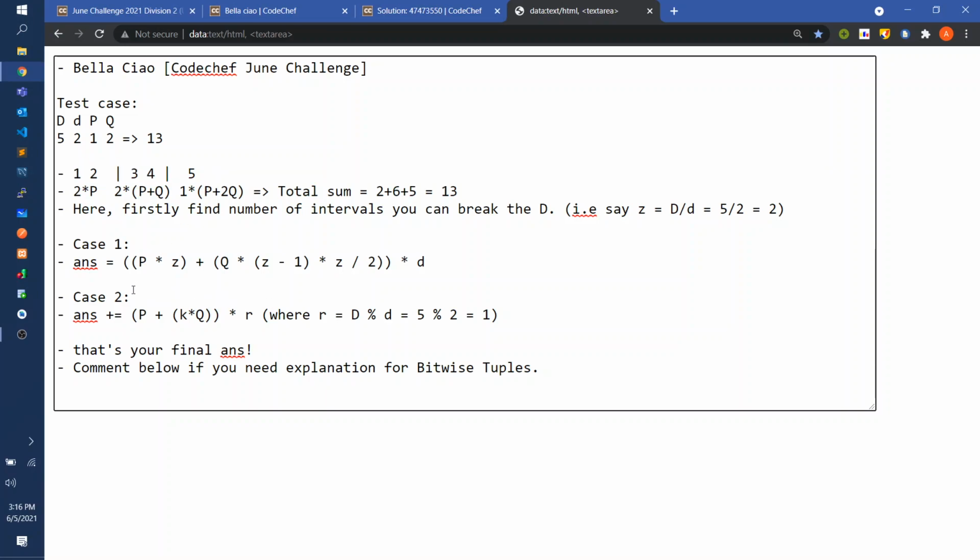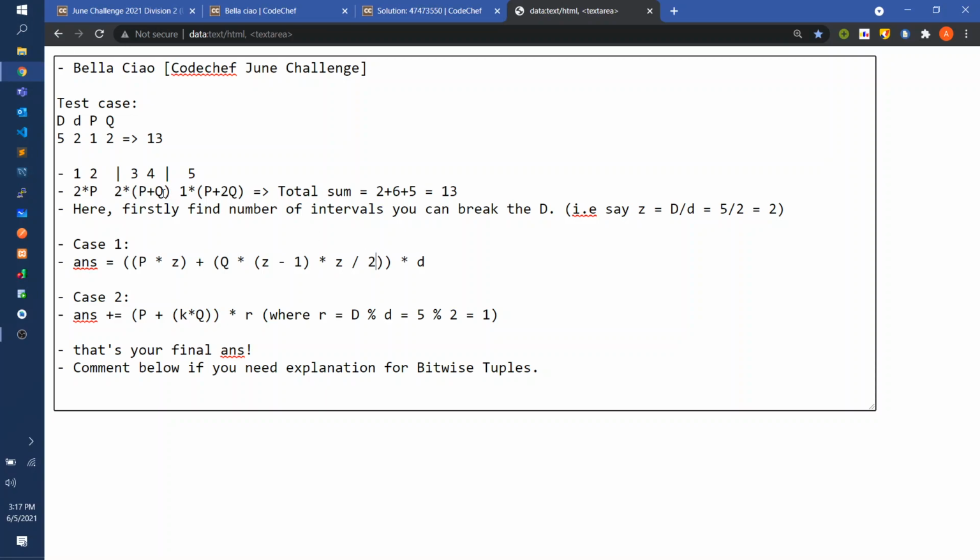In the first case, this is how the expression came: we multiply P with z, where z is the number of intervals which we found in step one. Then we add the contribution of Q. If we want to find the sum of the first n numbers, the sum will be n into n plus 1 by 2.